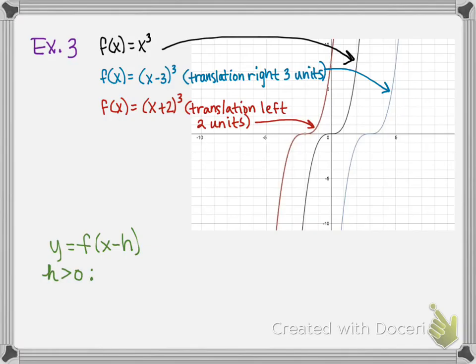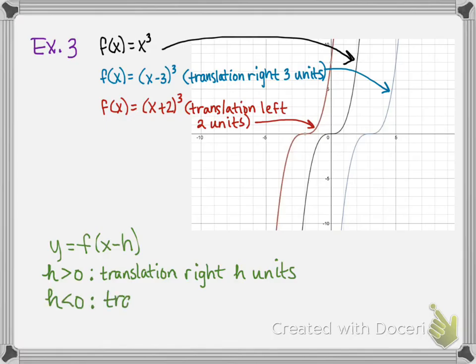When h is greater than 0, we have a translation right h units. When h is less than 0, we have a translation left h units. And that gets tricky because we need to remember h is following a minus sign.